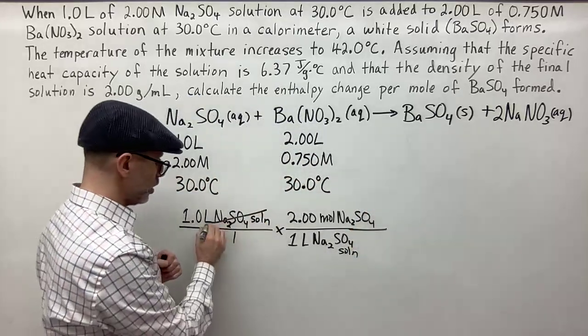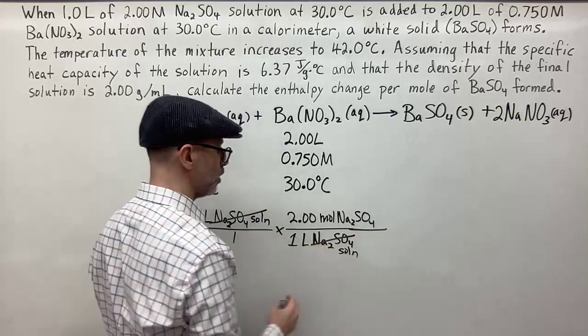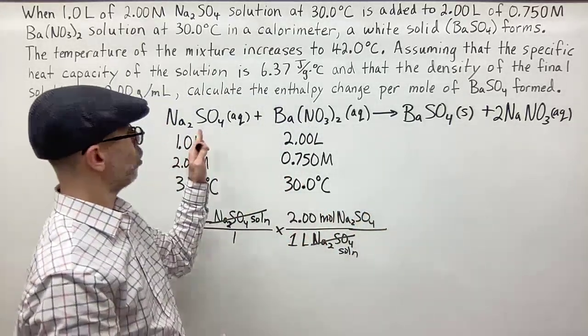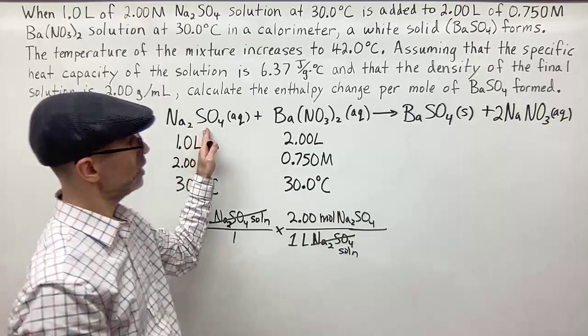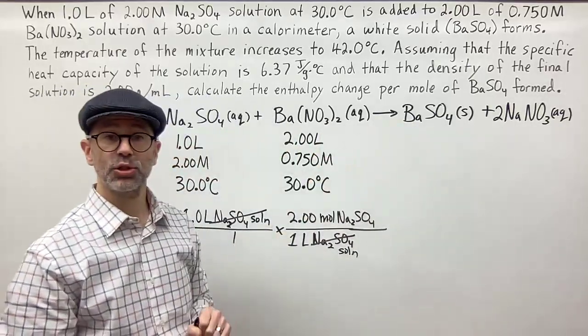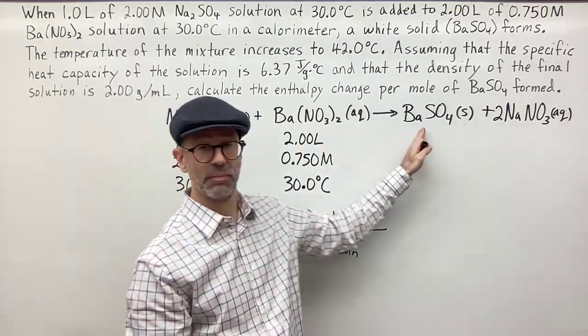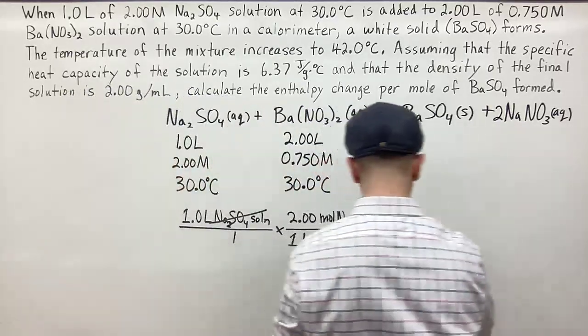So now liters of the sodium sulfate solution cancel out. Now I have moles of sodium sulfate. Now I can use the mole ratio of 1 to 1 to convert from moles of the sodium sulfate to moles of barium sulfate. So let's do that.